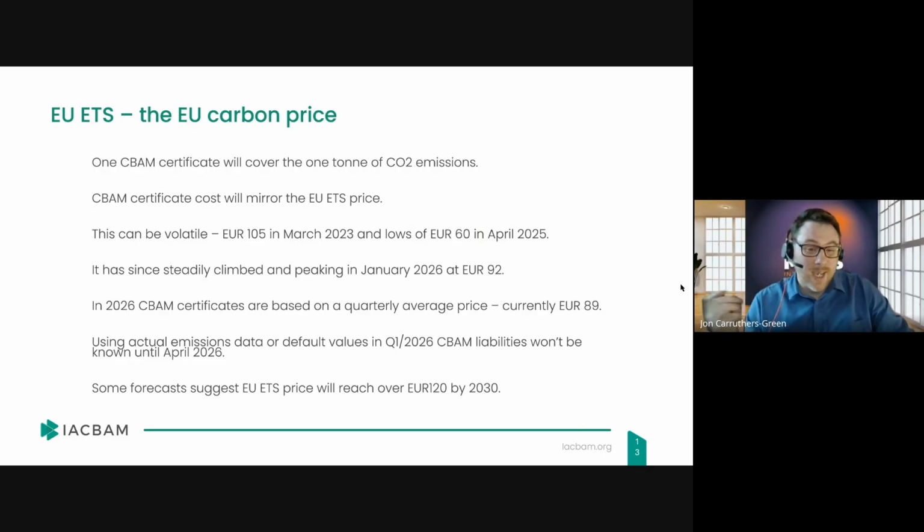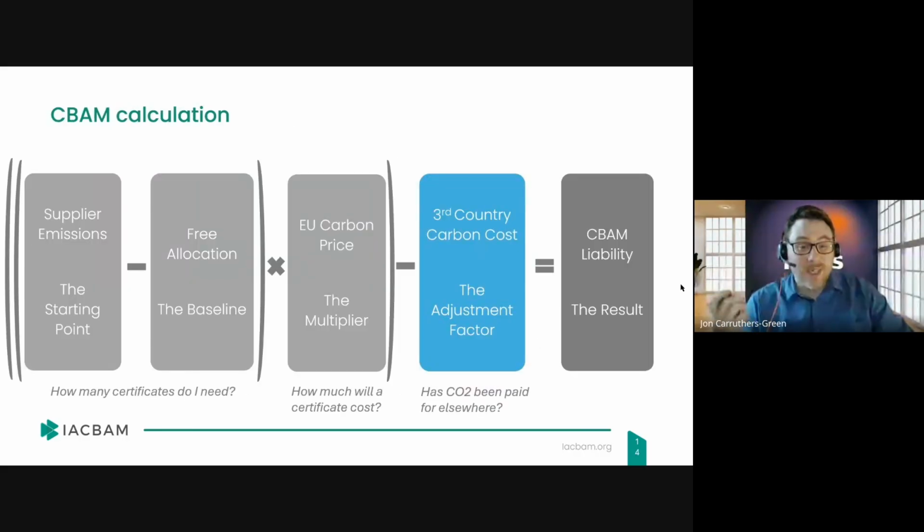So essentially, what this means is each one of those certificates that you'll need to purchase is going to increase in price. So the next thing we need to look at is if there's any discounts available. What the Commission has said repeatedly is that this isn't a tax-raising scheme. This isn't there to raise revenue necessarily for the Commission.